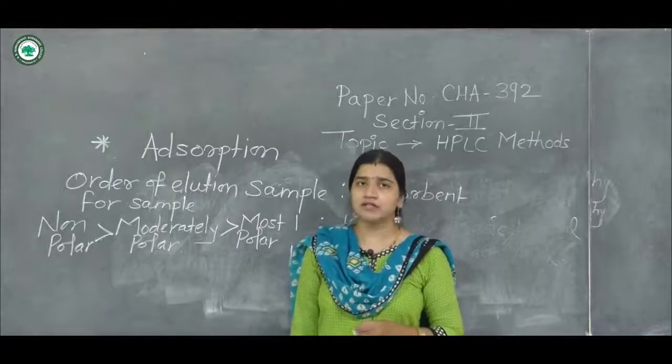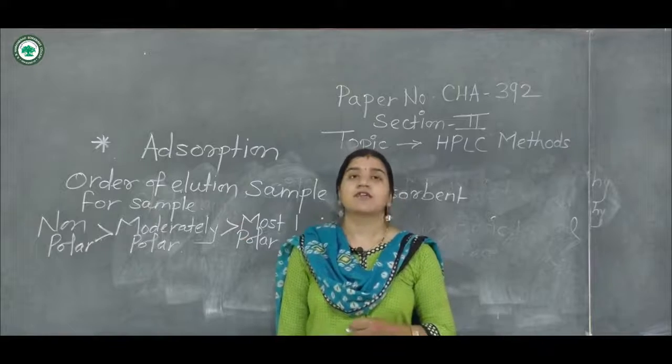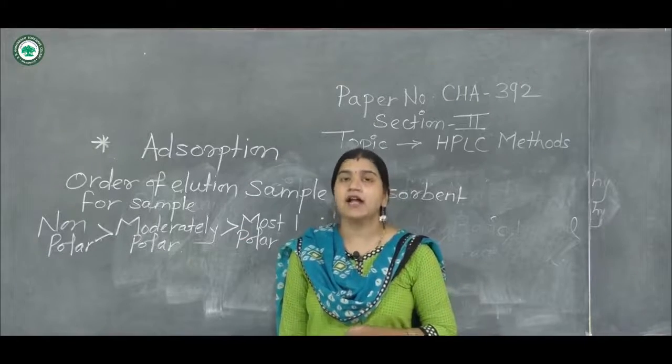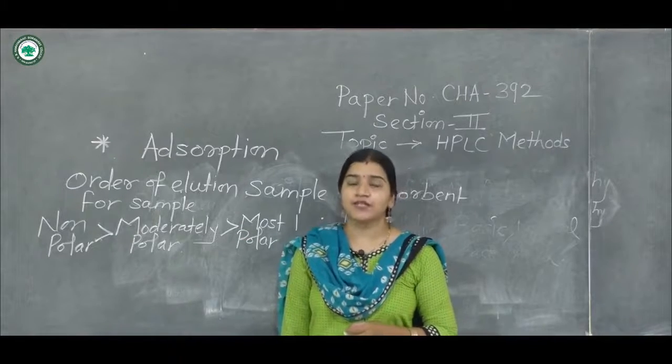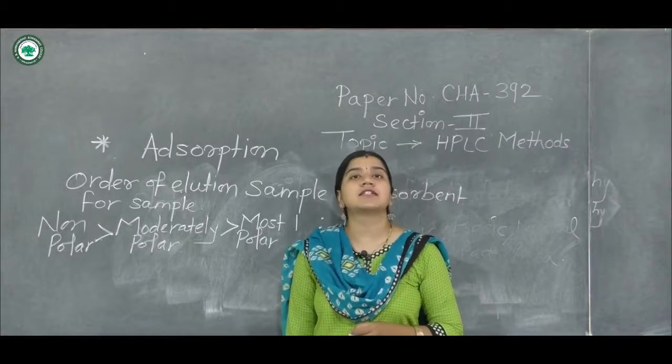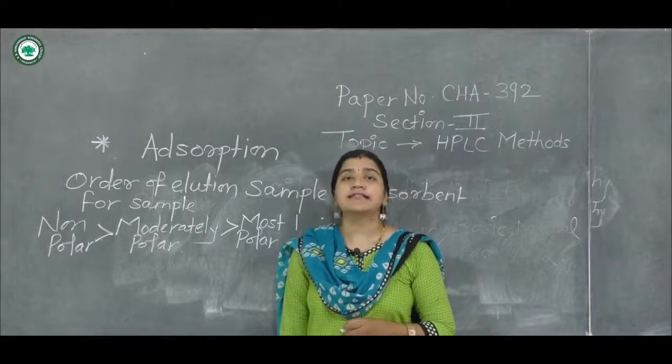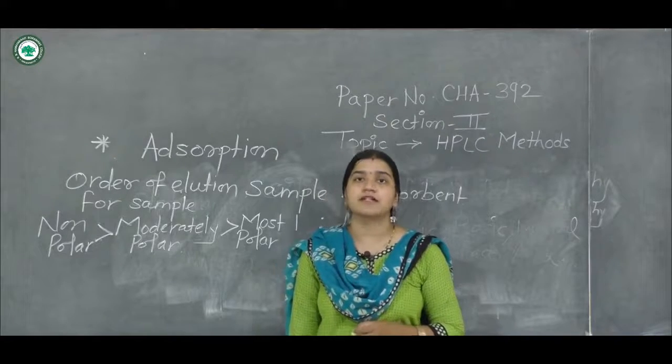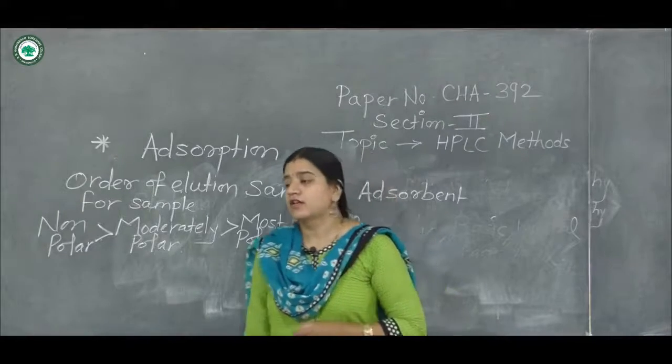Now coming to our stationary phases again, when you are considering silica, the silanol group is the active group present in the silica molecule, and whenever you are considering alumina, the Al3+ ions represent the active sites.